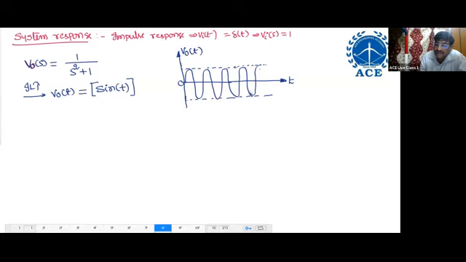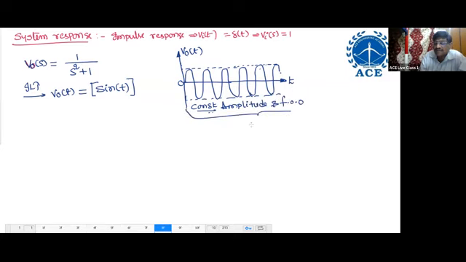What is the nature, tell me? Constant peak amplitudes. So constant amplitude and frequency of oscillations. Amplitude means the peaks. The system is marginally stable. MS means marginally stable. So what is the conclusion? Whenever poles lie on the imaginary axis and are non-repeated, the system response has constant amplitude and frequency of oscillation.